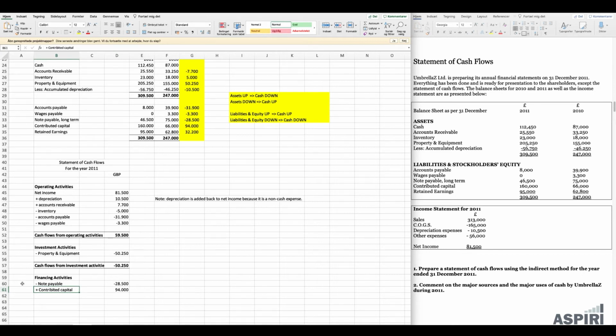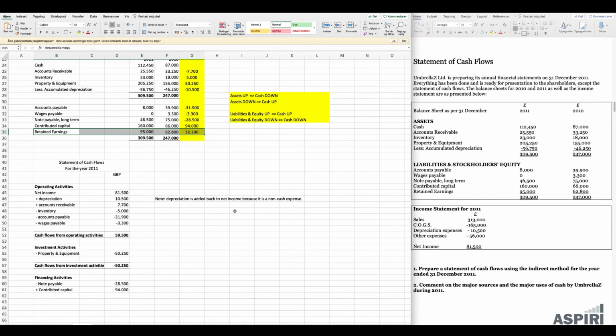Finally, what you have to do as a slightly more perhaps confusing thing or tricky thing, if you like, is that you want to look at retained earnings. And if retained earnings, the change of retained earnings more specifically, corresponds to the net income, then you know that no dividends have been paid out.